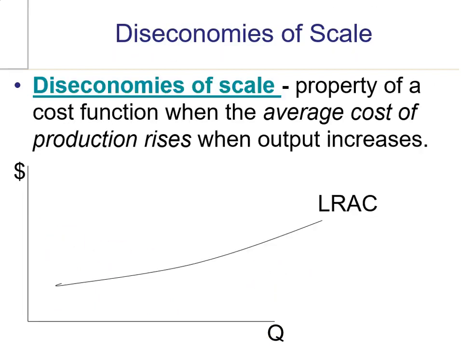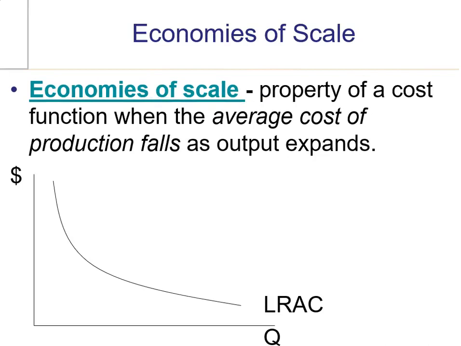Whereas diseconomies of scale was clearly a disadvantage to General Motors of being larger. With economies of scale, there's an advantage to being larger. That's why typically only one utility company serves a certain neighborhood, because it's cheaper for one company to serve everyone in the neighborhood rather than have competing companies serve the neighborhood.